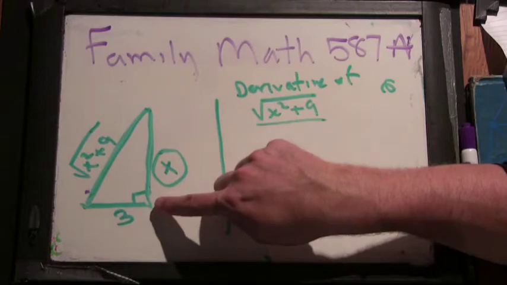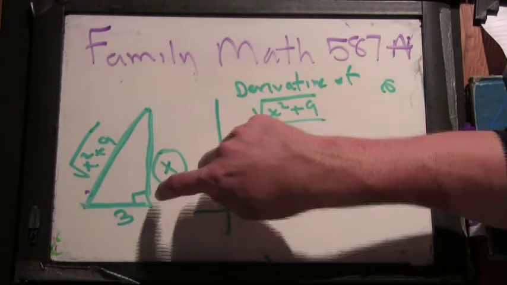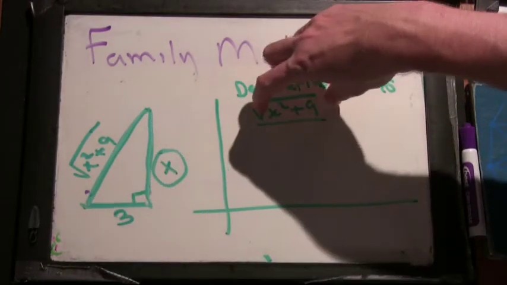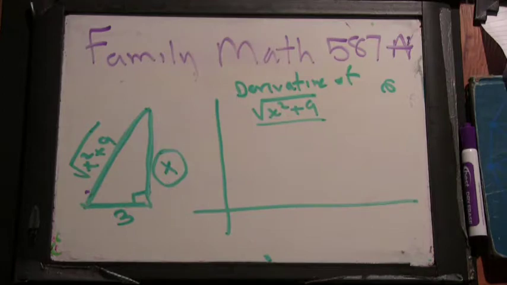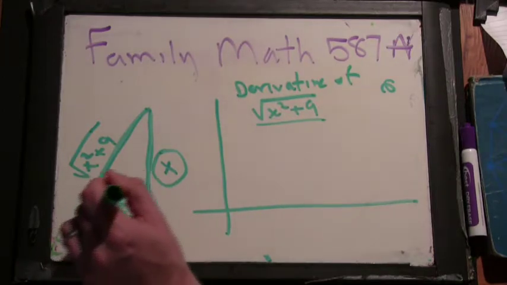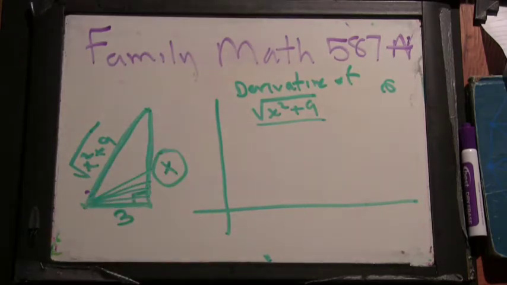What do you think the derivative of the square root of x squared plus 9 looks like as x is very near to 0 and just starting to grow? Do you think the length here, as it starts to grow, is growing fast or slow? I think it's growing pretty slowly. Okay, why?